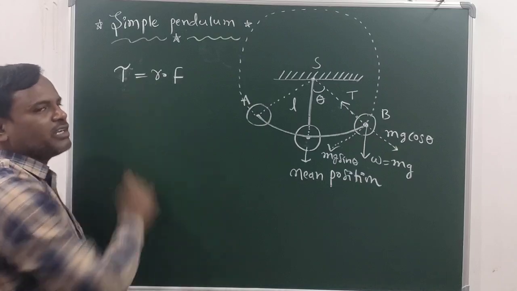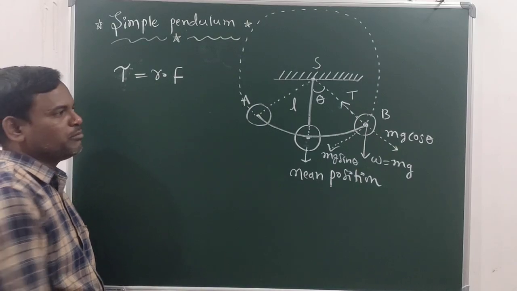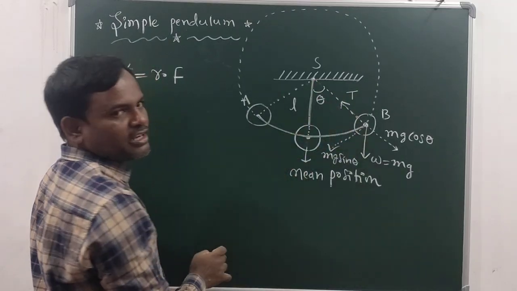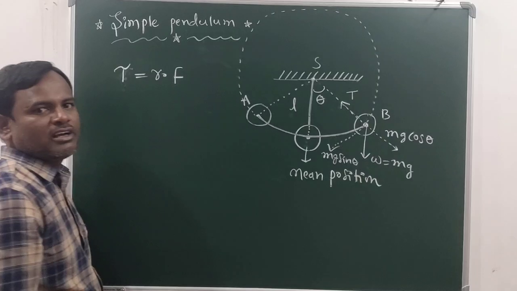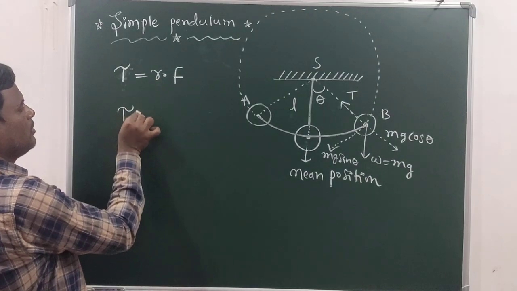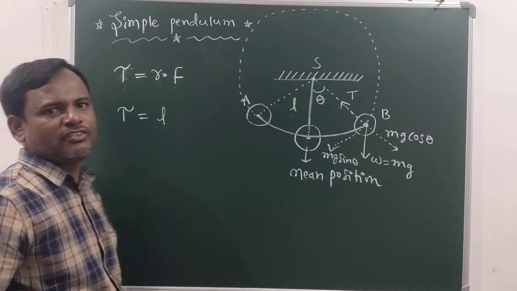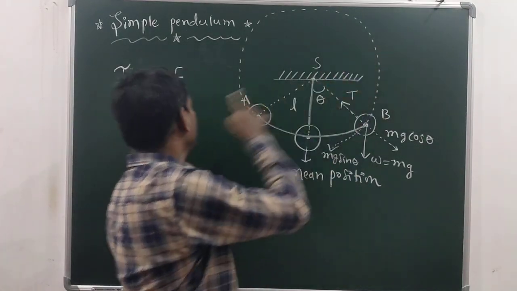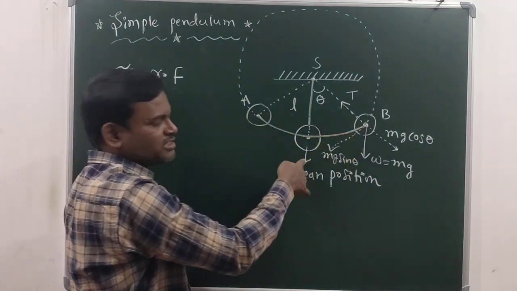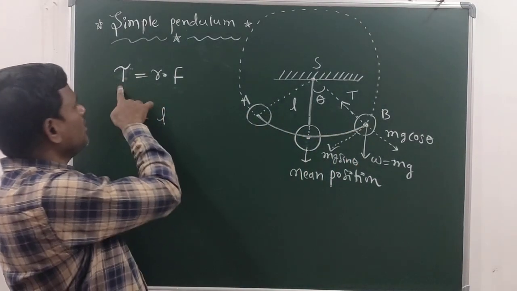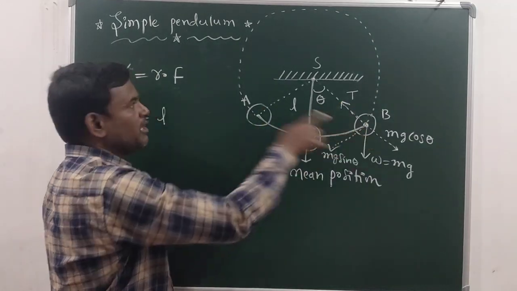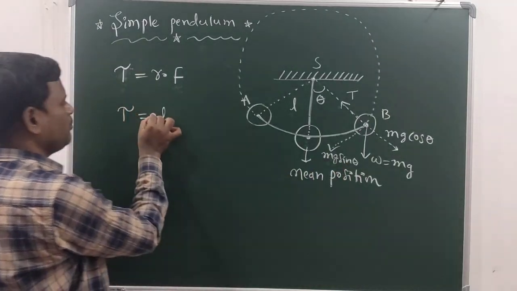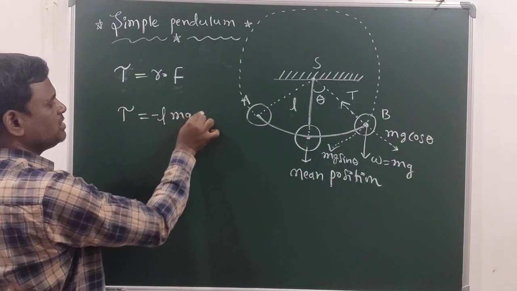So now torque is equal to RF in the rotatory motion. But in this case, this is R, the radius of the circle. But R is equal to how much here? Length of the simple pendulum, L. But what is F? Torque works in this direction, but force is working in this direction. Both are opposite in this case. Hence, in the place of F, I am going to write minus mg sin theta.